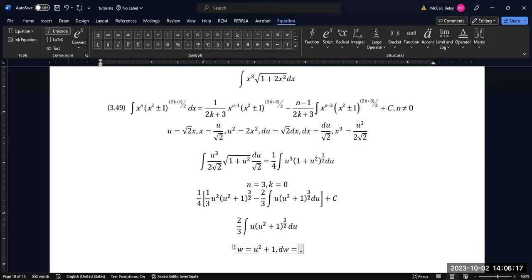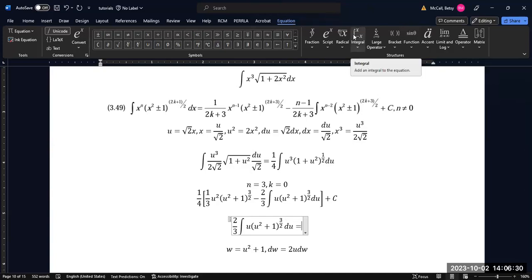Then dw will be 2u du, and we'll just substitute it into our formula in a bit.